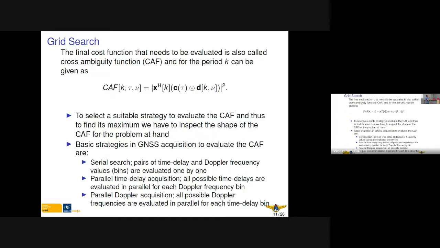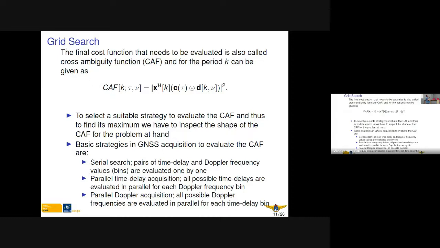This is used also in radar problems. And for the period k, we can write that cross ambiguity function as the cross correlation x Hermitian k of c tau Hadamard d k of nu. We take the absolute valued square of that.